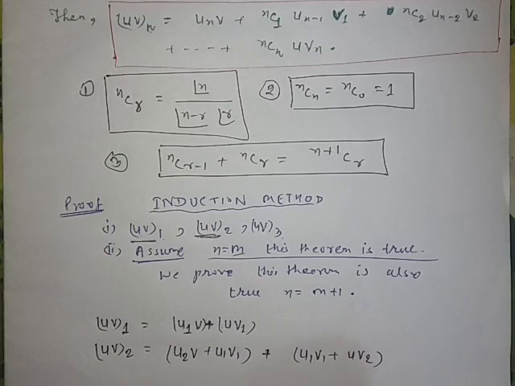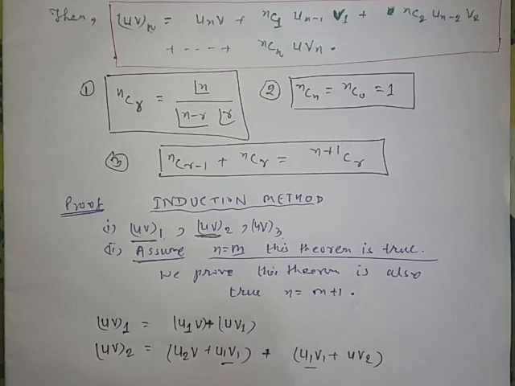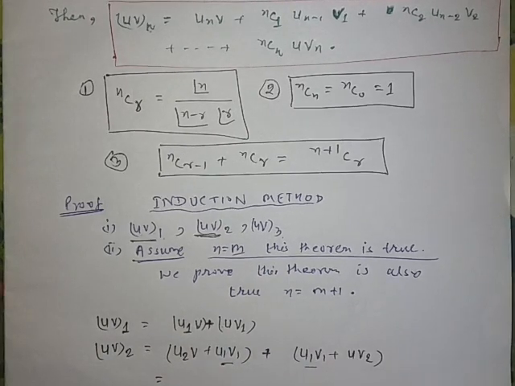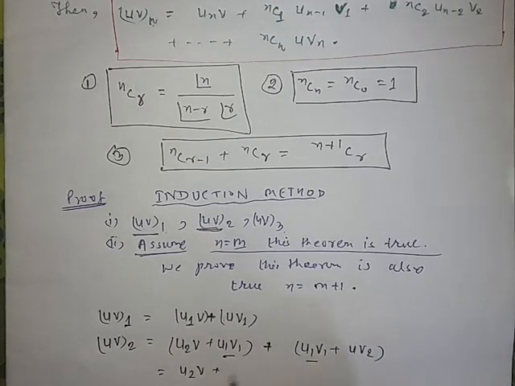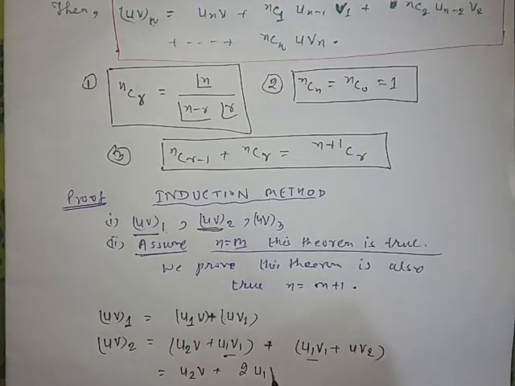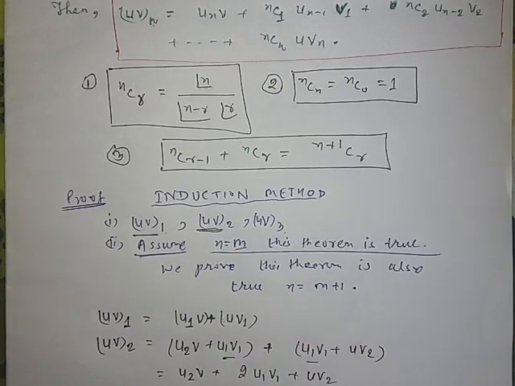But we note that these two terms are equal, so we write these two terms in one place. So it will be equal to u_2 v plus 2 u_1 v_1 plus u v_2.